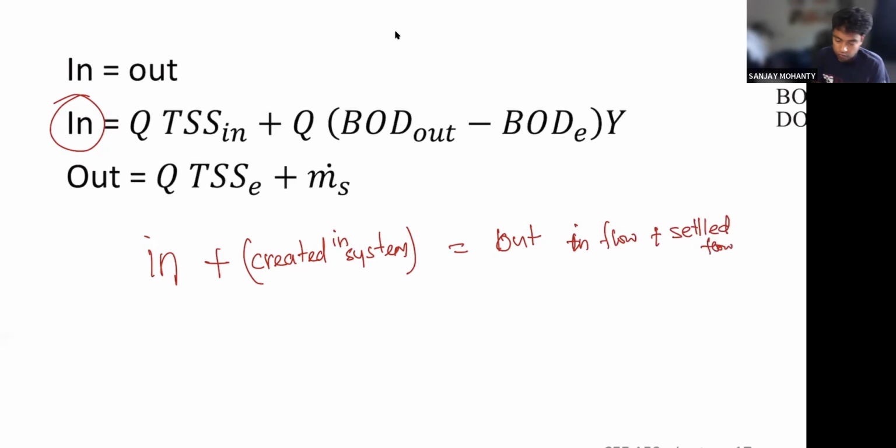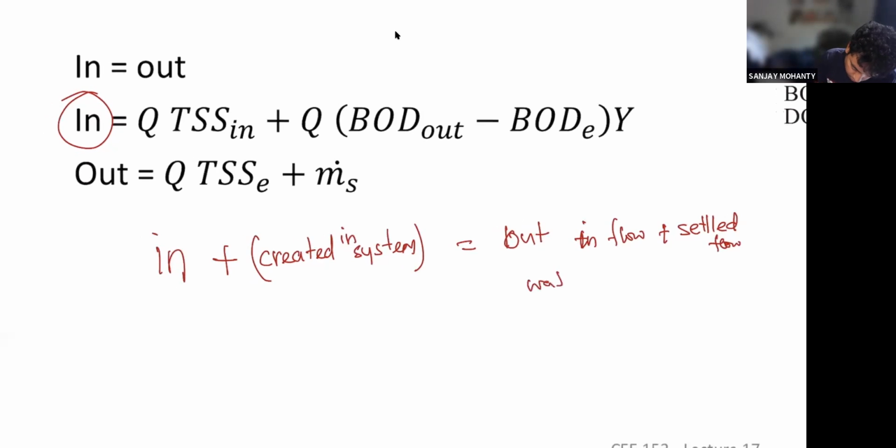So there are two outputs. One is the treated wastewater, and the other is sludge. That is the cycle.